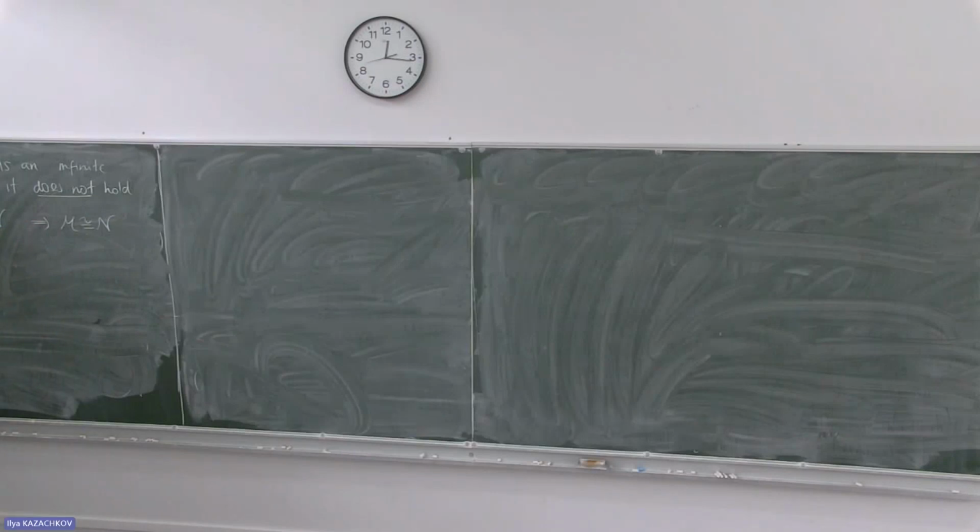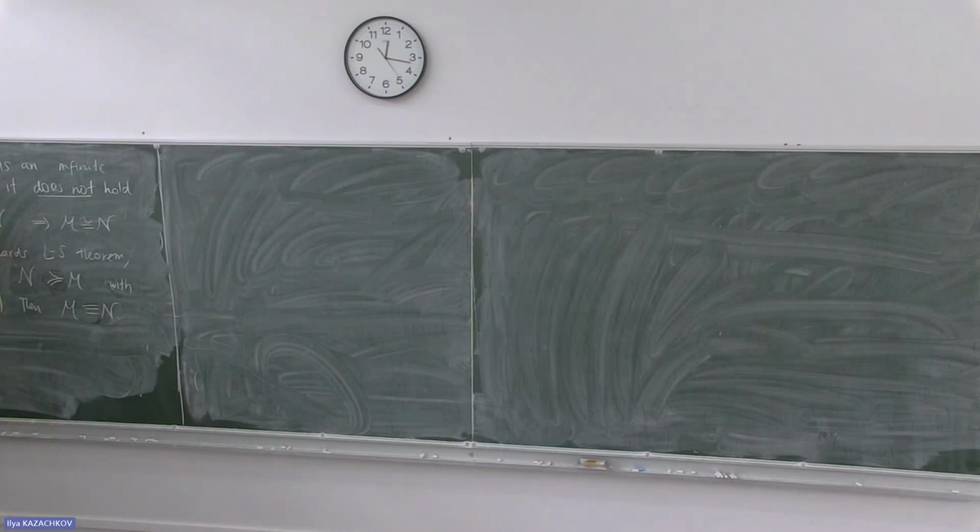Indeed, by the upwards Löwenheim-Skolem theorem, there is some N which is an elementary extension of M with the cardinality of N much bigger than the cardinality of M. Then, of course, this implies that these two structures satisfy the same sentences.